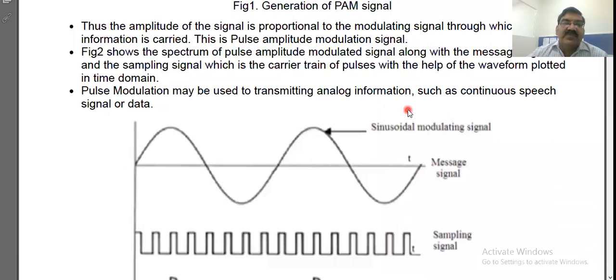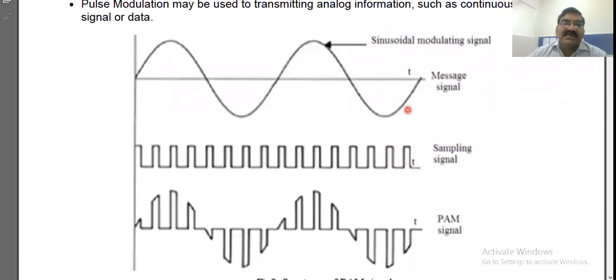So here you can see this diagram. Now here, pulse amplitude modulation is shown. This is taken as a simple sinusoidal modulating signal. Now this sinusoidal modulating signal is there, and this is the train of pulses, that is the sampling signal.